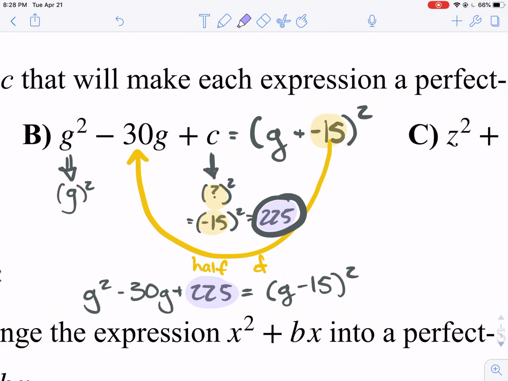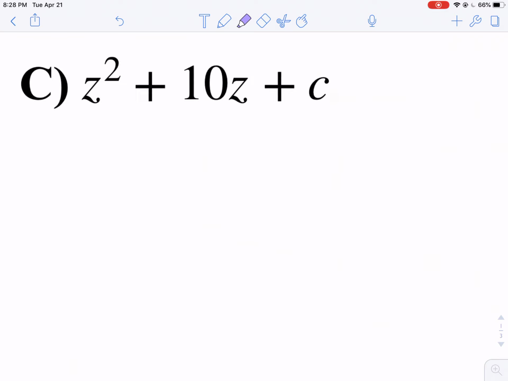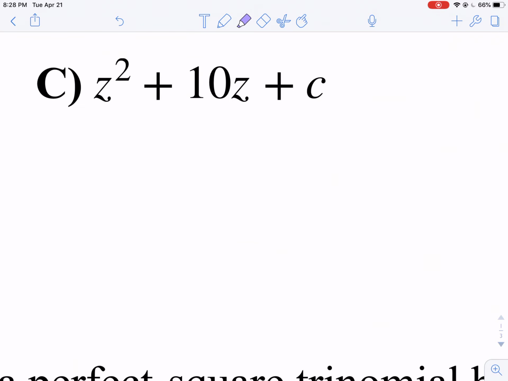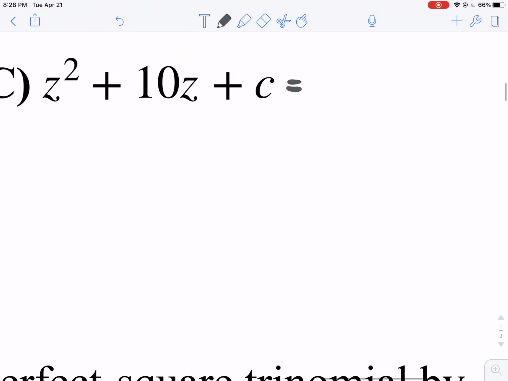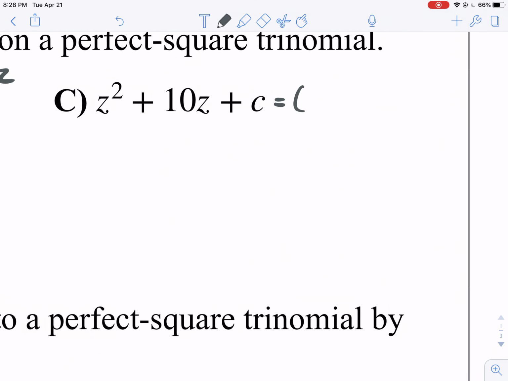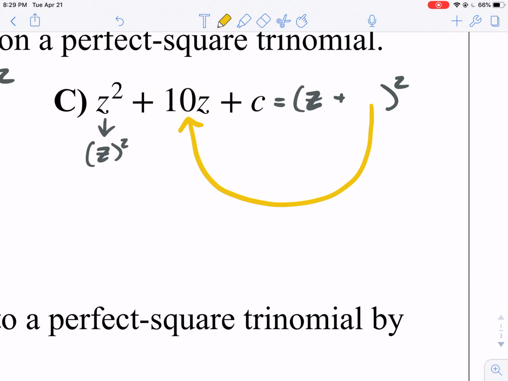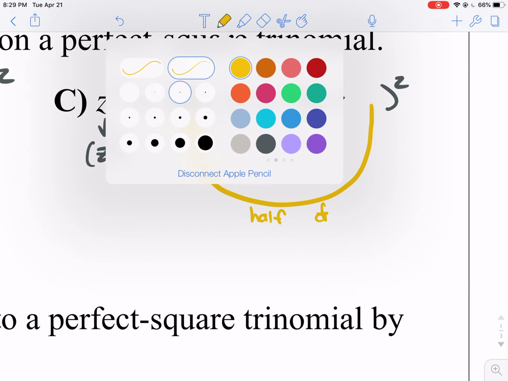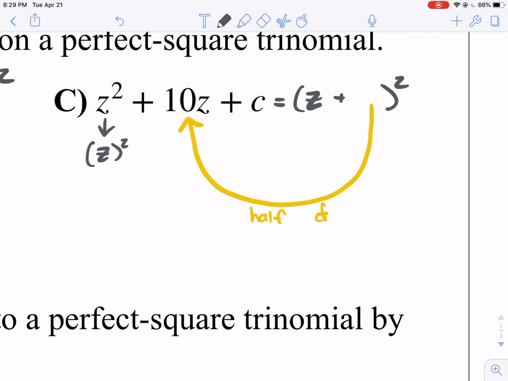And finally, let's look at C. We want to make this equal to something squared. Now our first one, we've got Z squared, so we'll put Z in front. And whatever is going to go in the back, we don't know what it is yet, but we do know it's going to be half of 10. Well, last time I checked, half of 10 is 5.